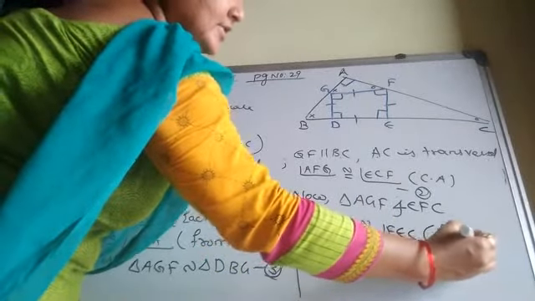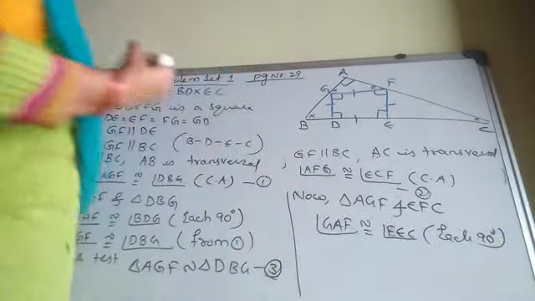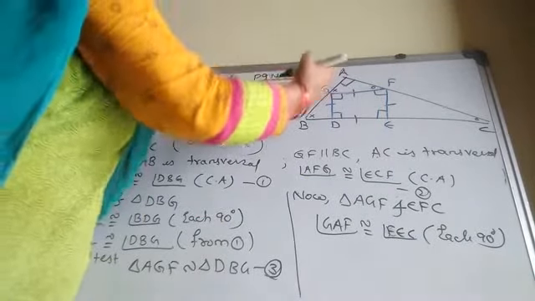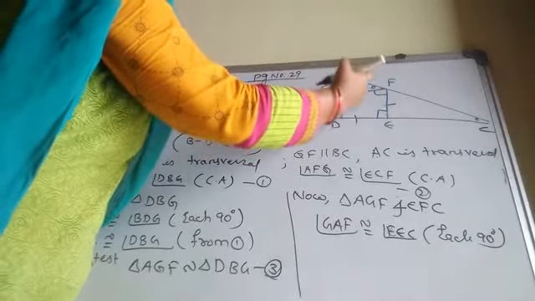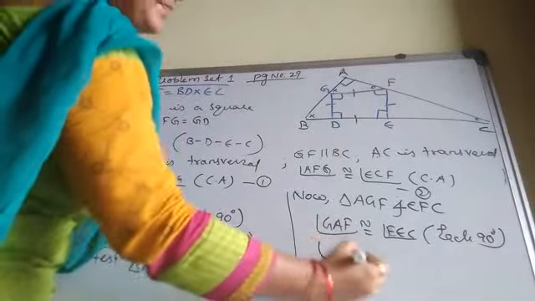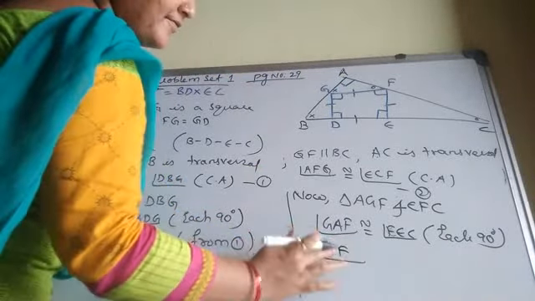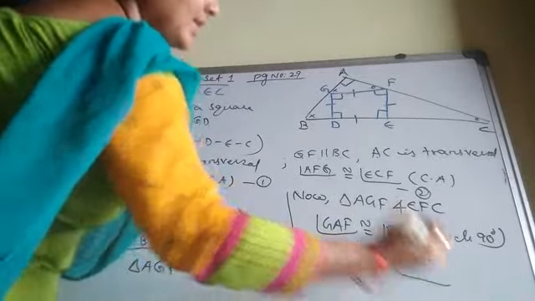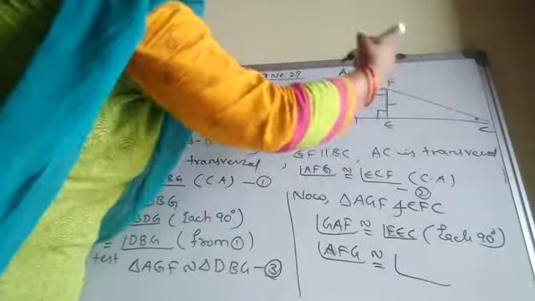Here each is 90 degrees. Now the second condition: corresponding angles. Angle AFG is congruent to angle ECF.